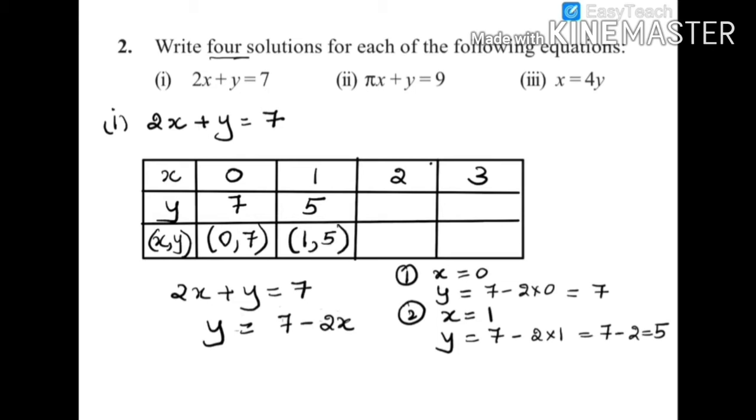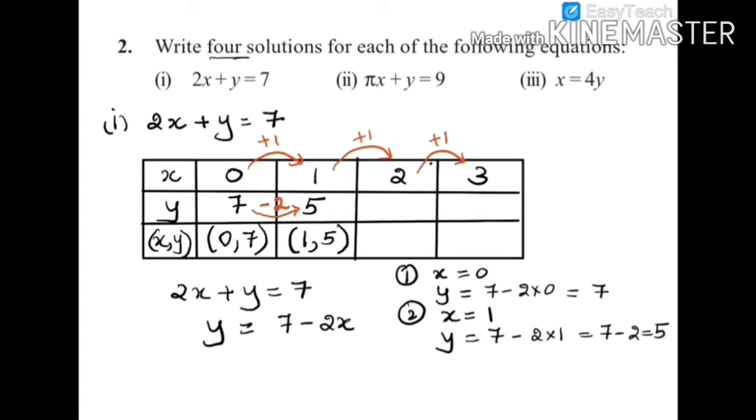Now I am going to share an easy tip to find the other corresponding values of y without calculating. If you notice, the values of x are increasing by 1. Now notice the change in value of y. There is a decrease of 2.